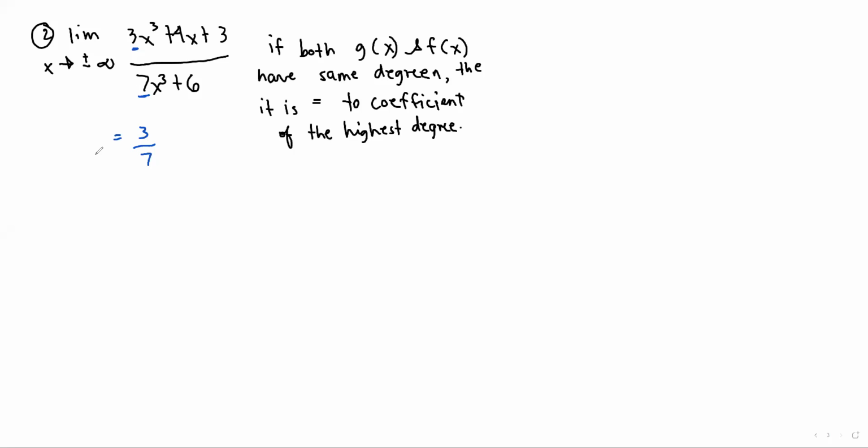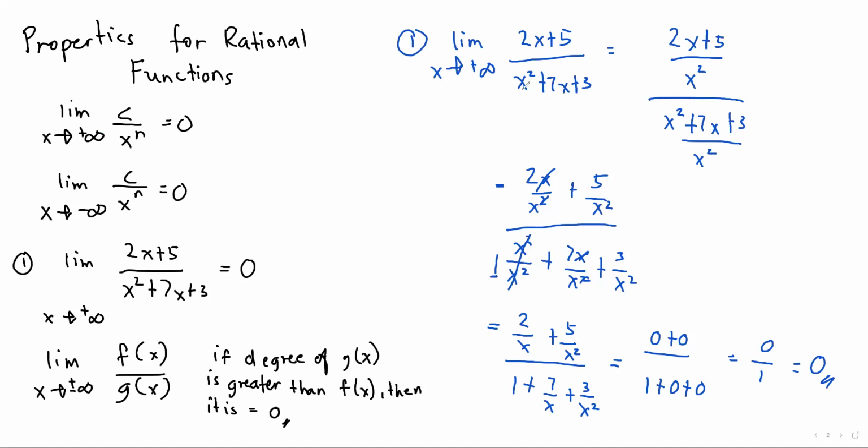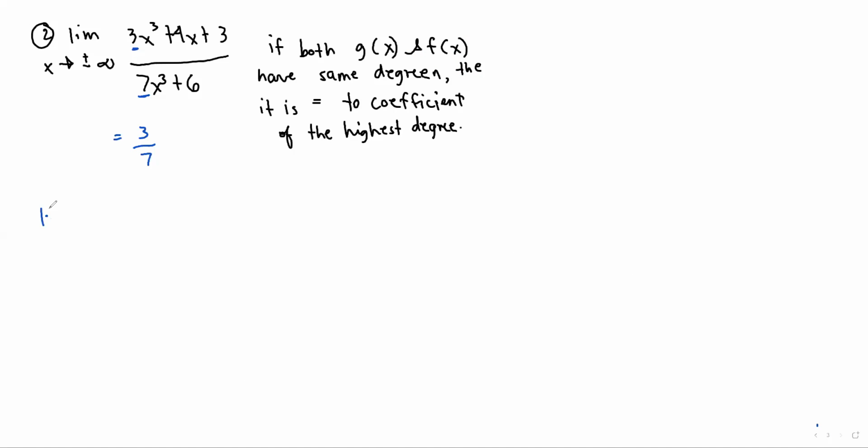Okay? So, ganun din gagawin natin dito. Kung paano ginawa natin dito, ganun din gagawin natin dyan. Okay, so magiging limit of 3x cubed plus 4x plus 3 all over 7x cubed plus 6. So, ang gagawin is equate din natin ulit both numerator and denominator doon sa highest degree of exponent, which in this case is x cubed.